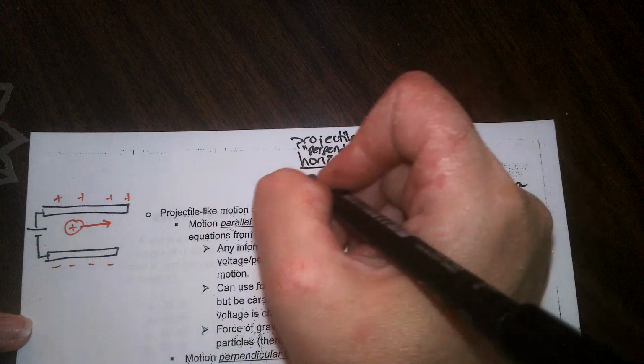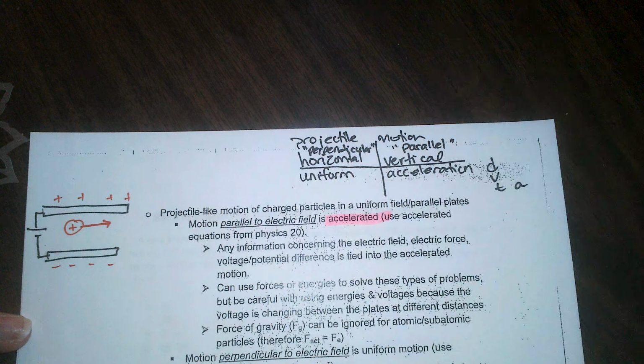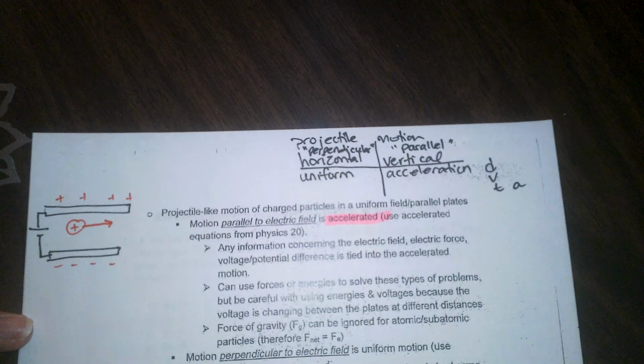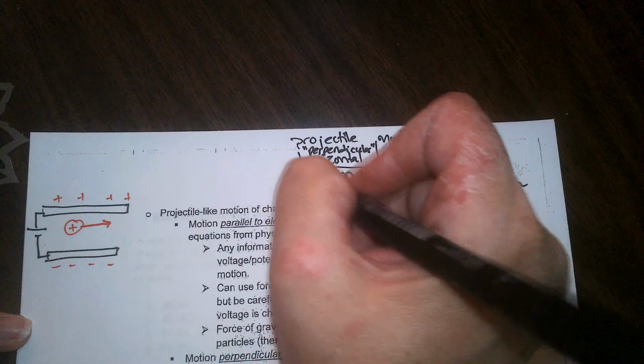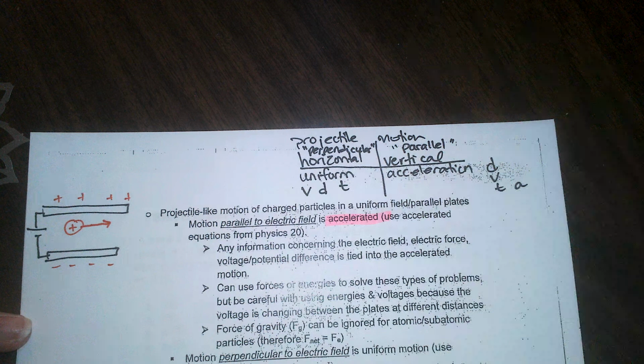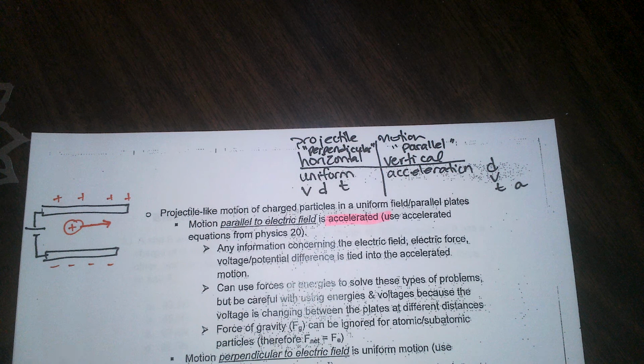Over here, under perpendicular, this is uniform, so again we can use velocity, distance, and time. Same concept as horizontal versus vertical in projectile motion, but now we're using perpendicular and parallel.